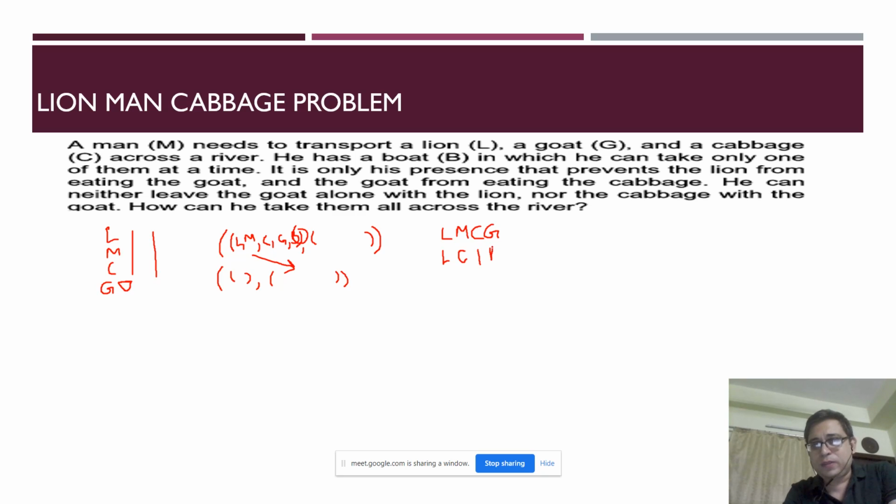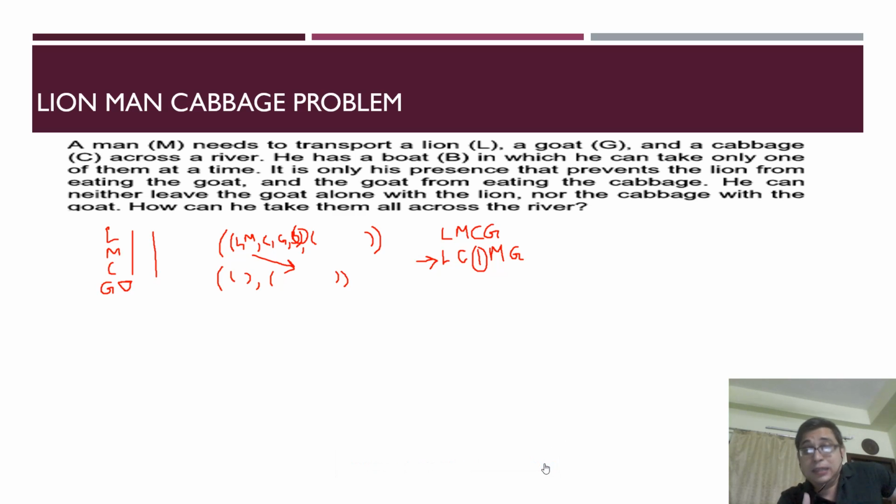And we have a man and goat on this side, right? So this can also be a representation of a state. So here this actually indicates that the rest of the things are on the other side. Is it clear?